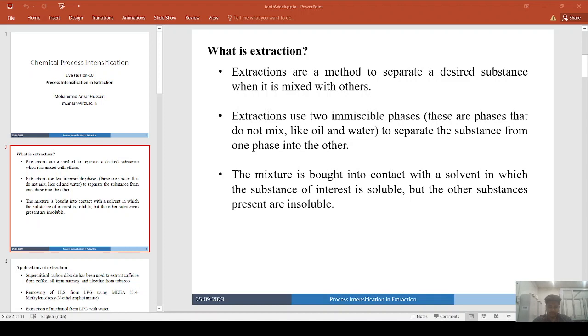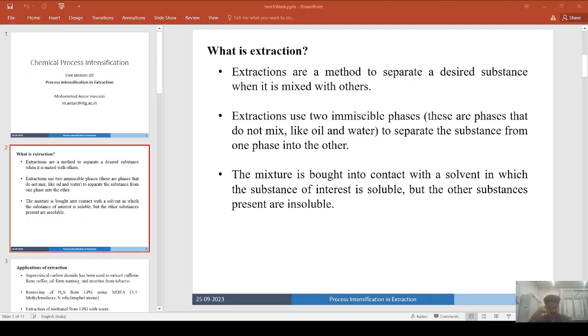So extraction is a method to separate a desired substance when it is mixed with others. Here, the desired substance is that Ayurvedic molecule which has some benefits, and it is mixed with other components like cellulose which you cannot digest.